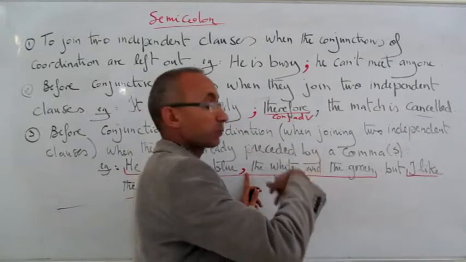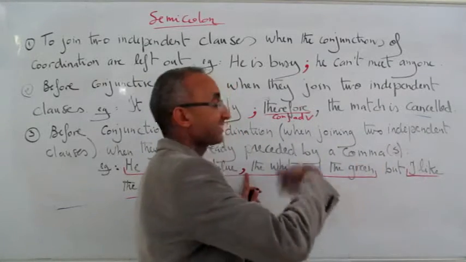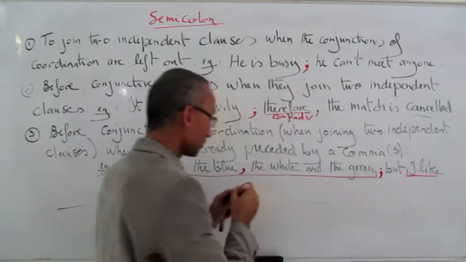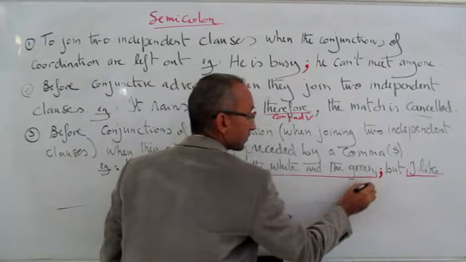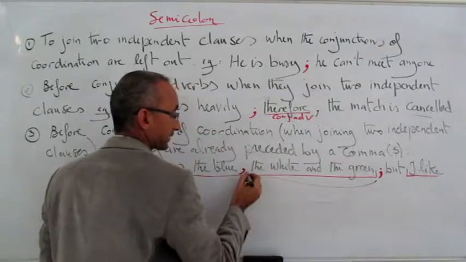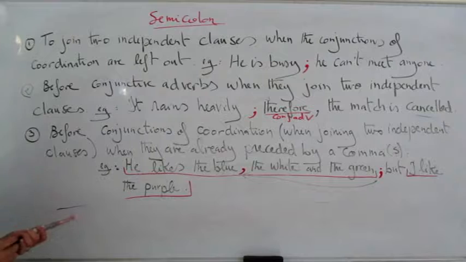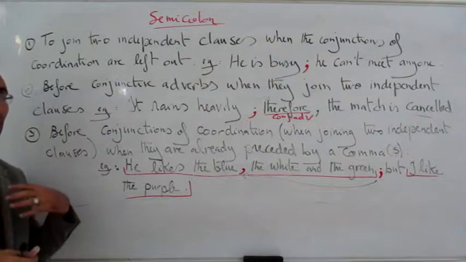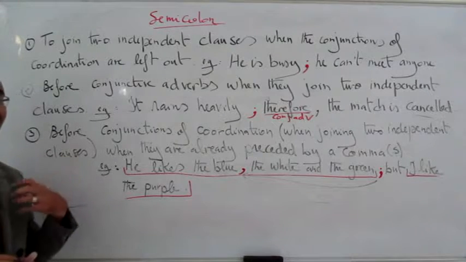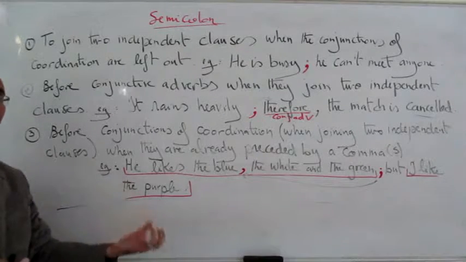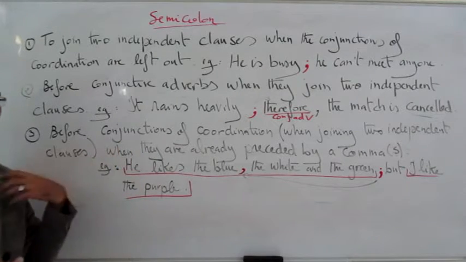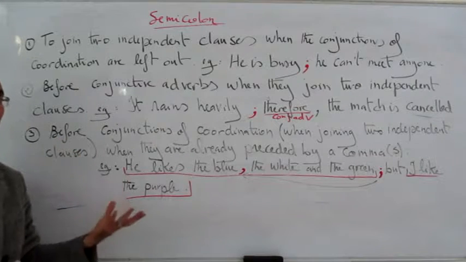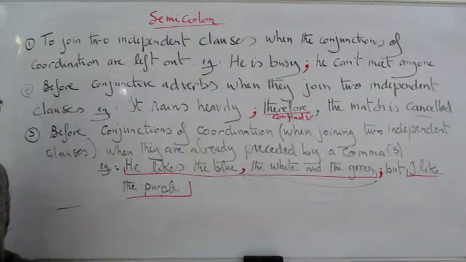I replace the separation mark before the fanboys with a semicolon, because there is already a comma before it. Clear? So whenever the fanboys join two independent clauses that are already preceded by a comma or commas, I must use a semicolon before them instead of a comma, like in this example.